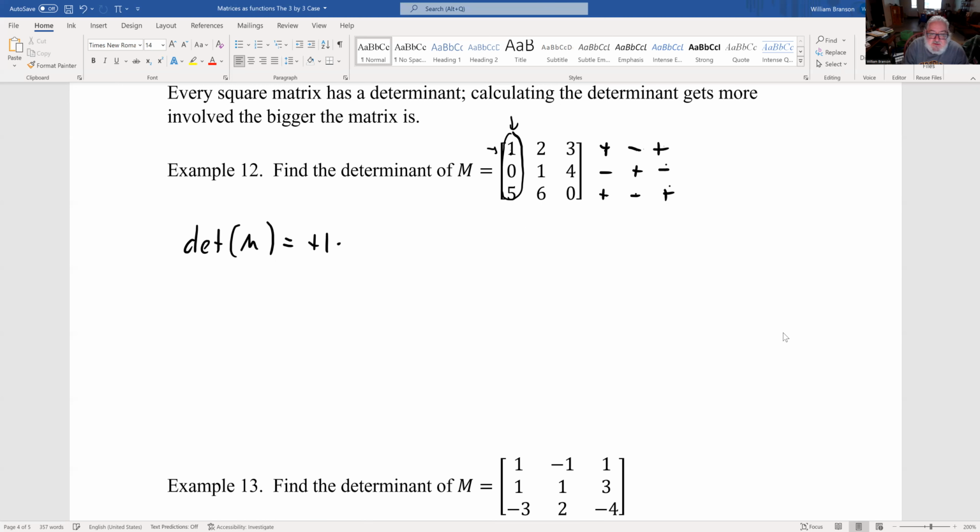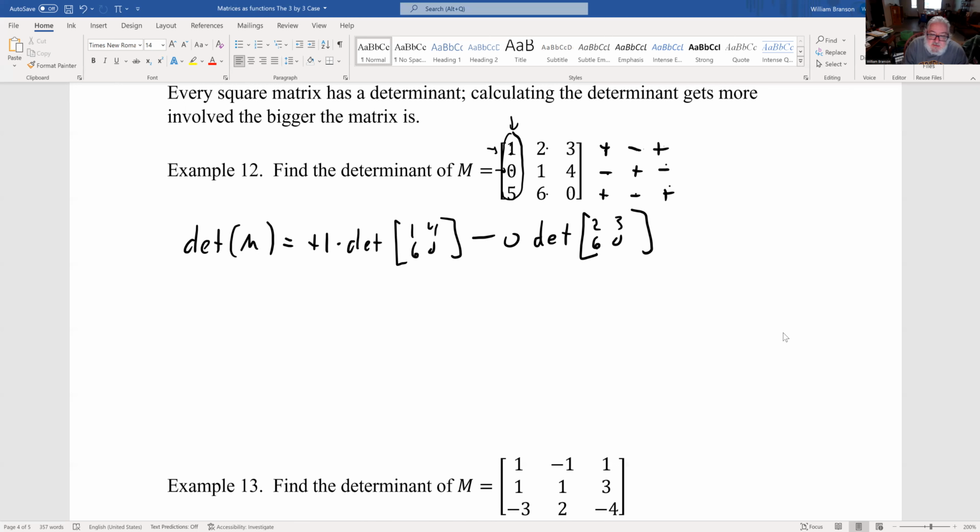So 1 is in the first column and the first row, so we look at the matrix you get when you delete the first column and the first row, and that's the matrix 1, 4, 6, 0. And then we take minus times 0, so this sign times this number times the determinant of the matrix you get when you delete. Now 0 is here, so I want to delete the first column and the second row, so that would be 2, 3, 6, 0.